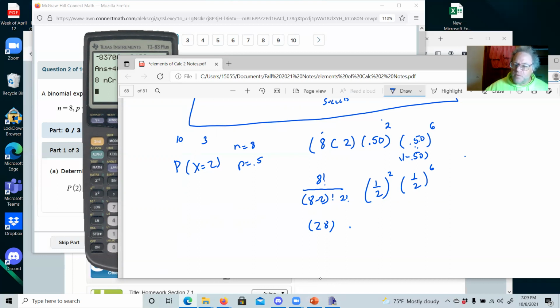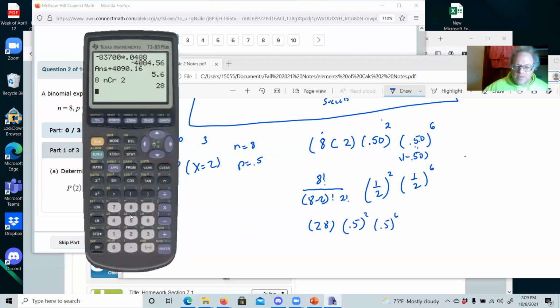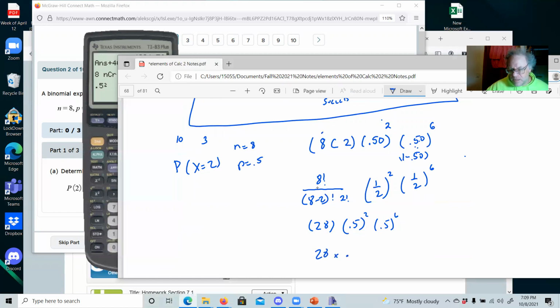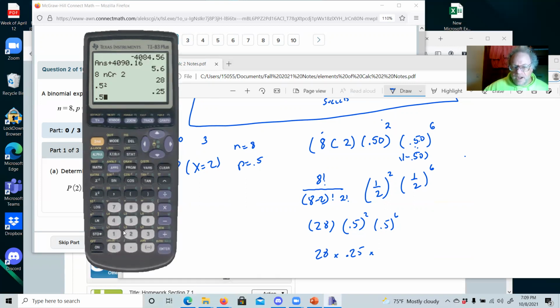Then we're going to have 0.5 squared and then 0.5 to the 6th. So 0.5 squared is not going to be too bad. It's 0.5, press the little square button, boom, 0.25. All right, and then times. Now for the other one, we're going to say 0.5 caret. We need this button right here, right underneath the clear button. Caret means raised to the 6.